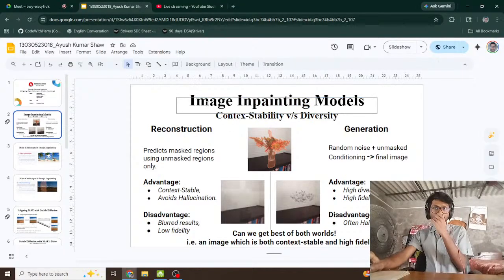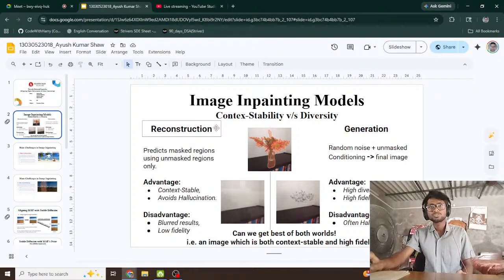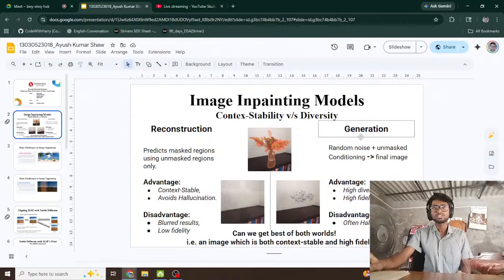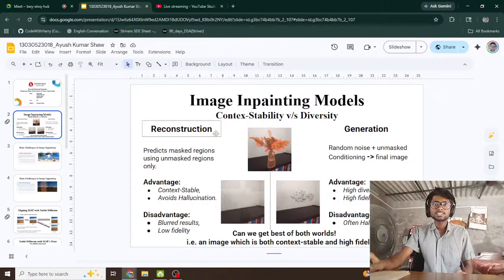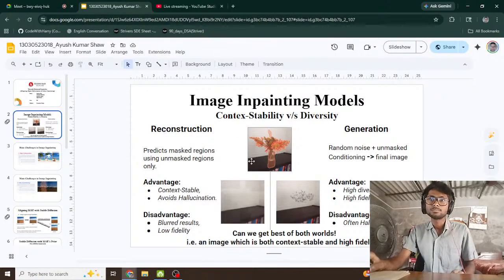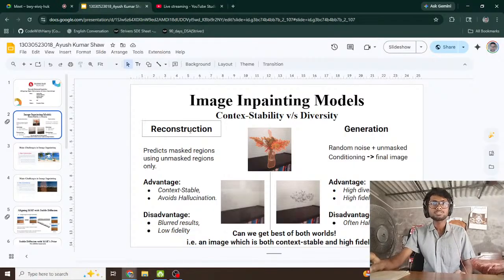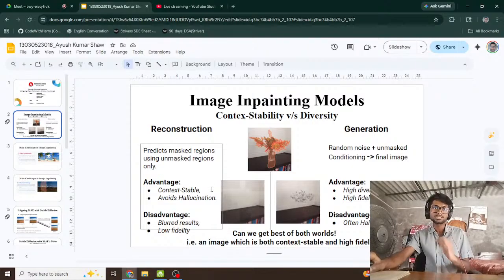Image inpainting models can be grouped into two major classes, namely reconstruction-based models and generation-based models, each having its own pros and cons. Reconstruction-based models predict the masked region using the unmasked region only. The pros are that they are highly context stable and avoid hallucinations.